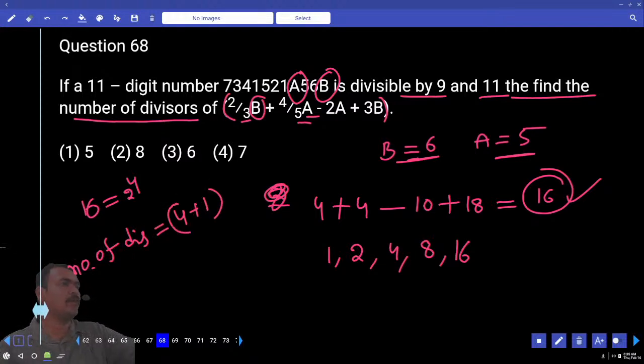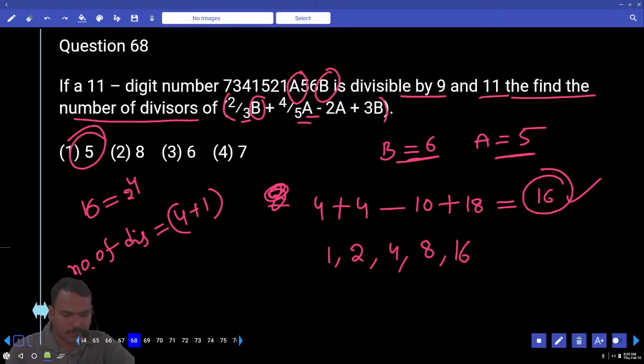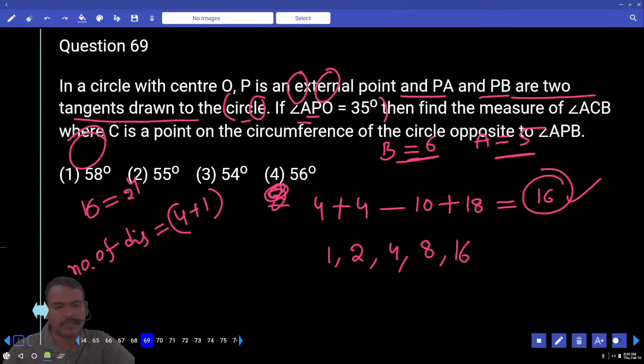If we write 2 power n, the number of divisors is n plus 1. Either normal factors are written, or the formula. What is the formula? For a power n, the number of divisors is n plus 1.